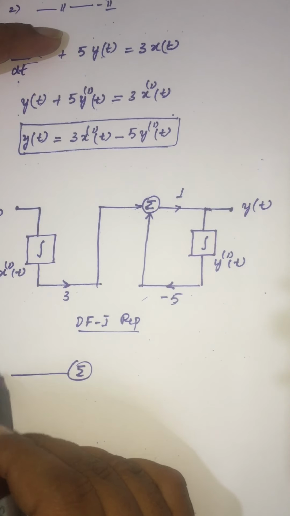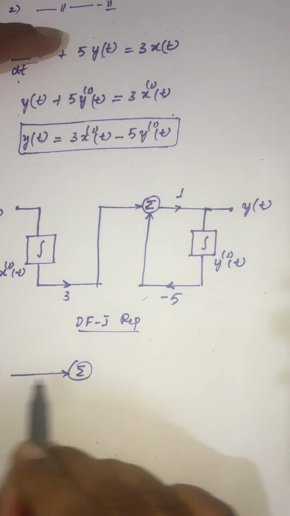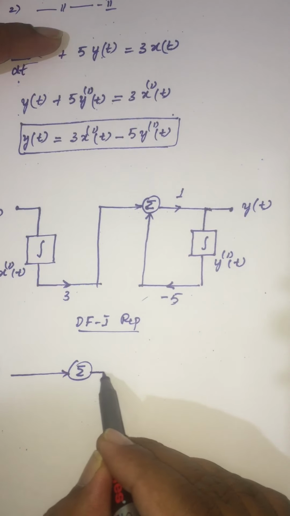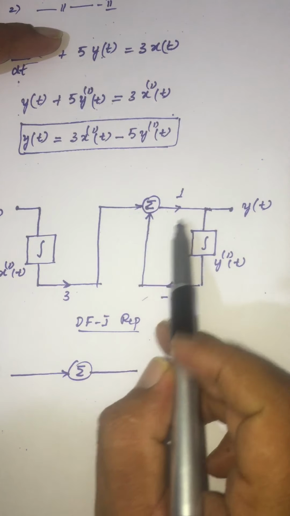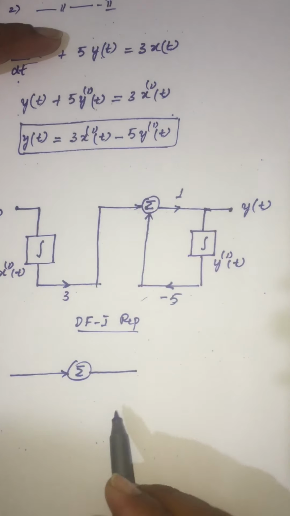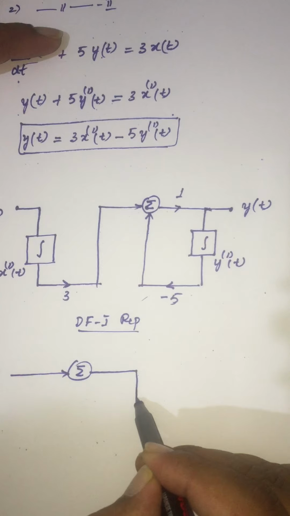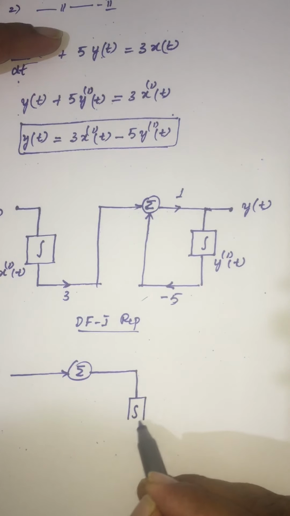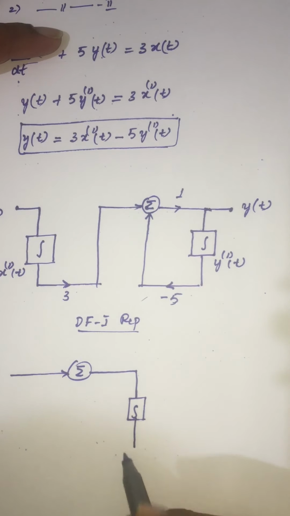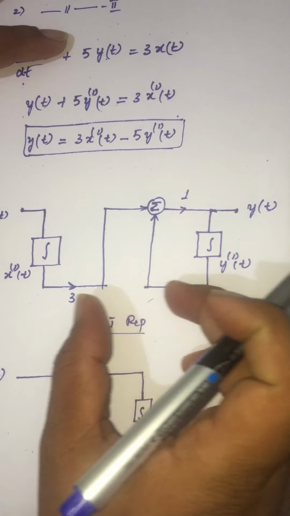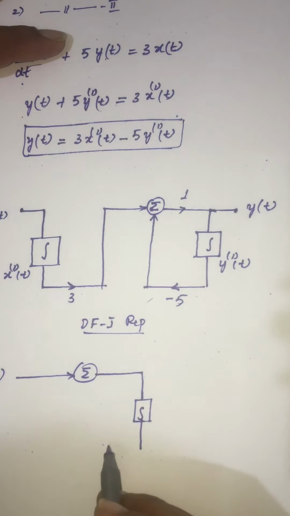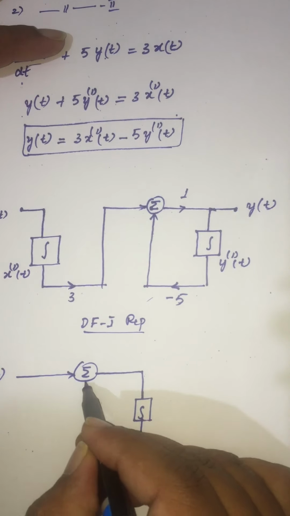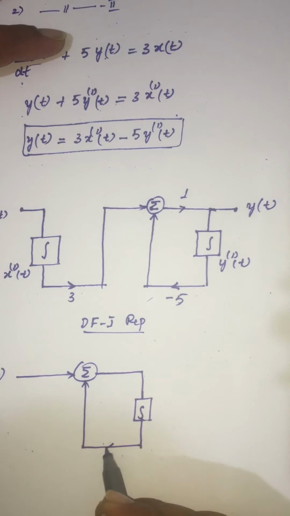This is input x of t, which is towards the right side and it is moving further, right? Now these 3 points have been shifted this side, right? Therefore only one integrator is enough and this has been moved this side. Therefore this has been moved this side means it has to be towards this side now and added to the mainstream with the coefficient -5.